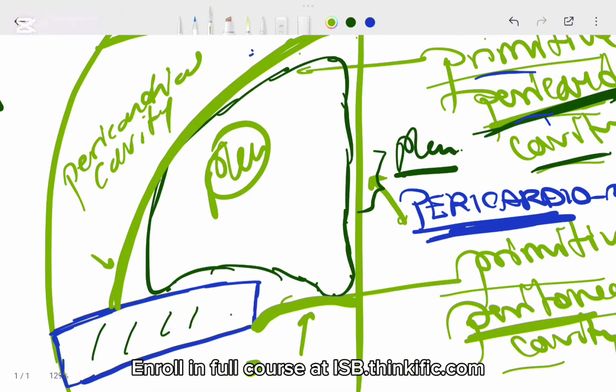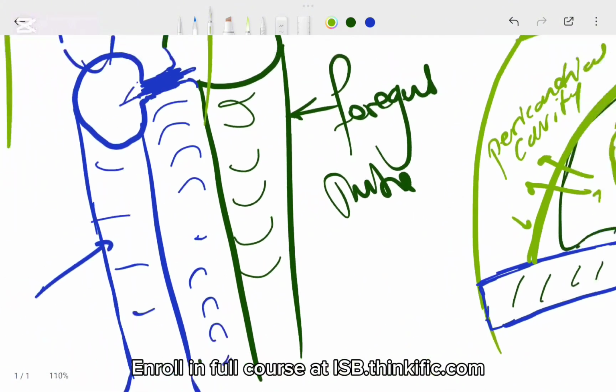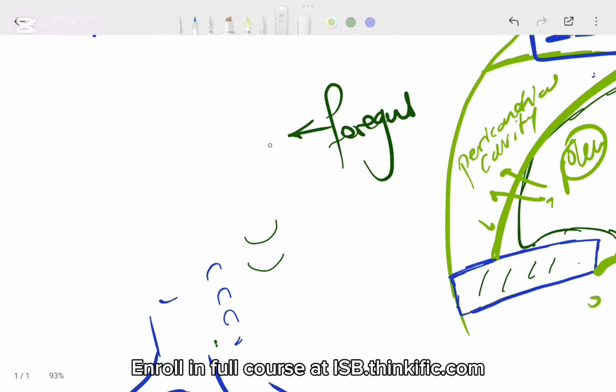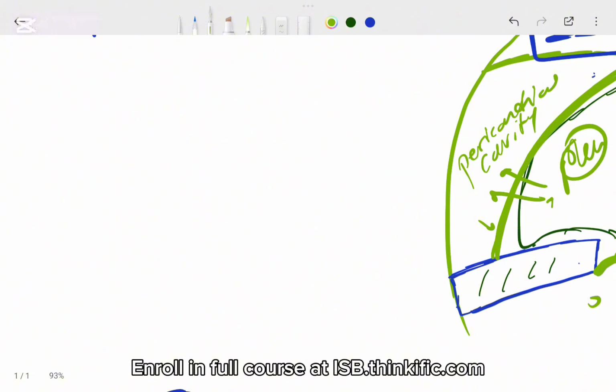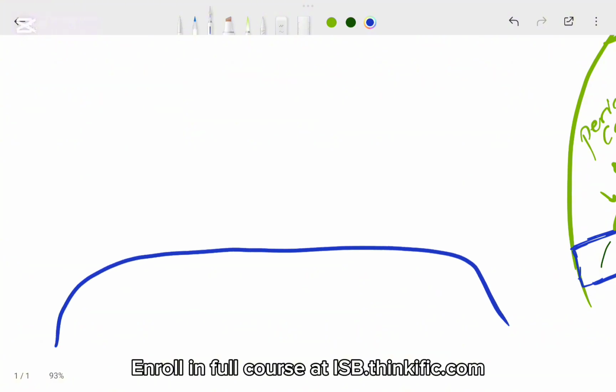Now, what's going to keep happening is that this lung will keep growing anteriorly and it will sandwich the heart. Let me show you what I'm talking about. So here I'm going to draw a diagram where we're looking from the front. We're looking anteriorly. This is the septum transversum, or now it's like the diaphragm, right? And here is our beautiful heart.